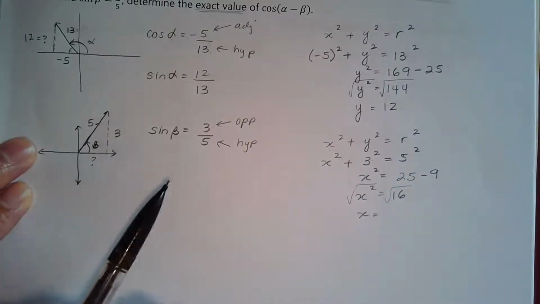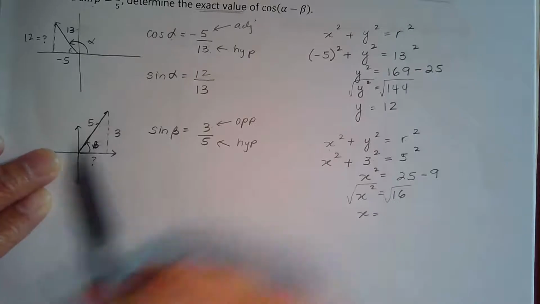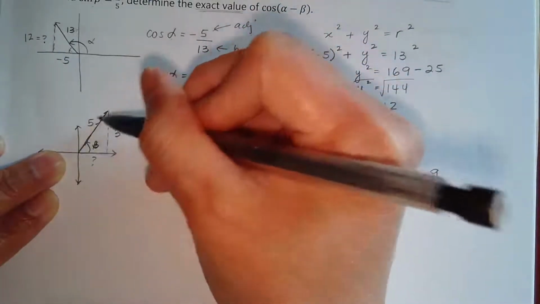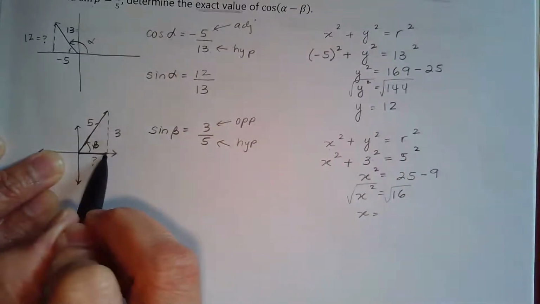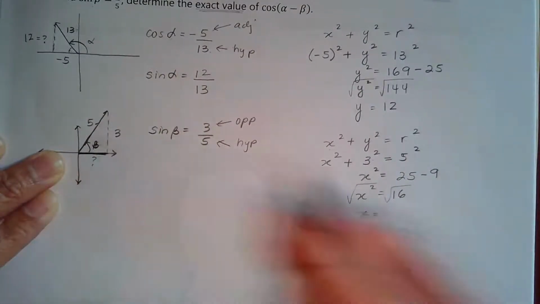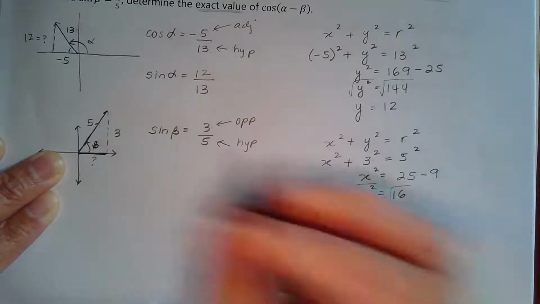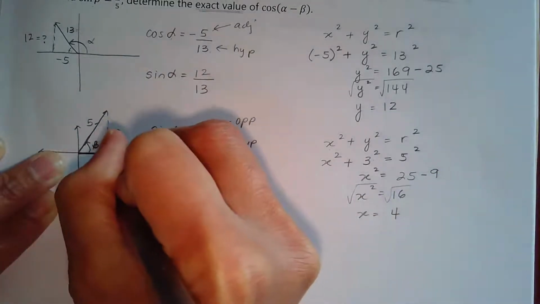Is it plus 4 or minus 4? Because this is in quadrant 1, the x is positive. So this is going to be just positive 4.